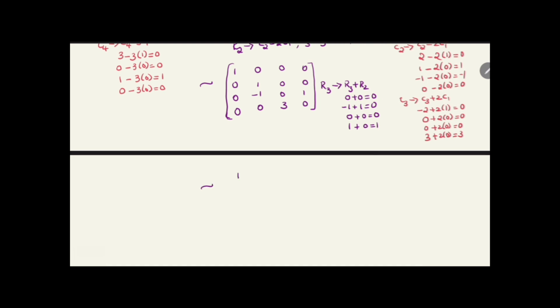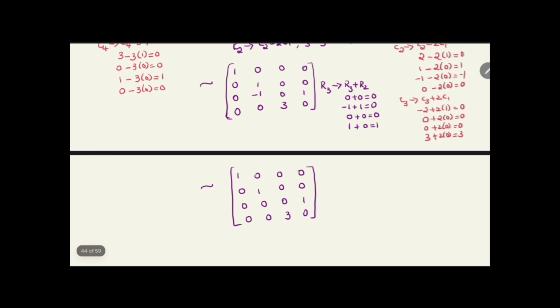So now we will replace R3. First row remains the same, that is 1 0 0 0, 0 1 0 0. R3, what are the new elements? 0 0 0 1, 0 0 3 0. So this step has also been satisfied. I made these two 0.